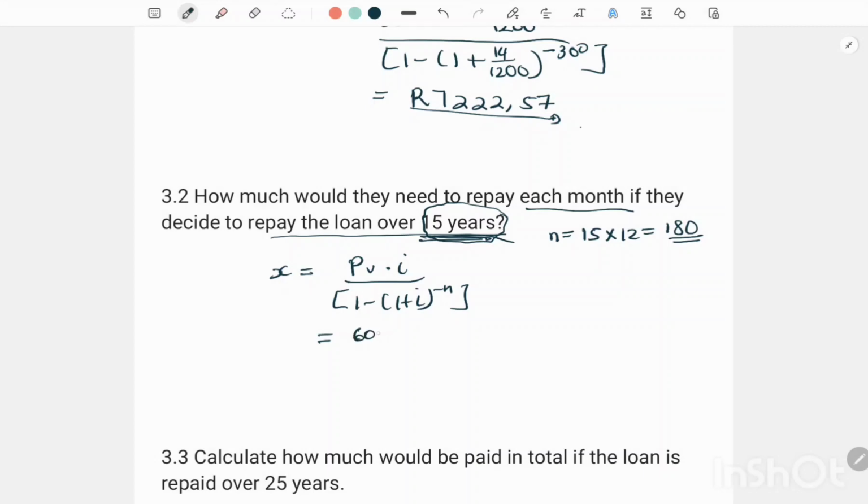So it's going to be 600,000 multiplied by 14 over 1.2 over 1 minus (1 plus 14 over 1.2) exponent of negative 180. Only N changes. Then we check what your X value is.